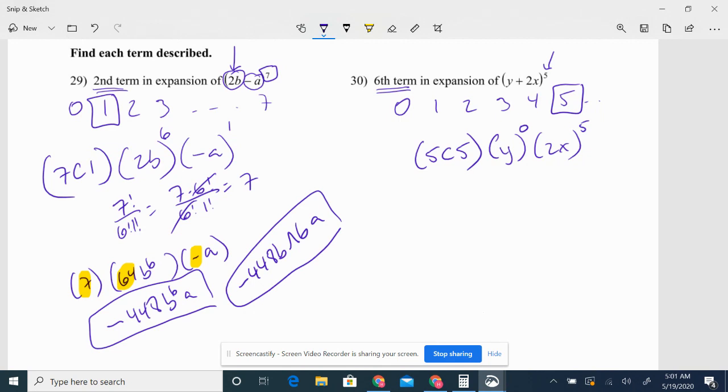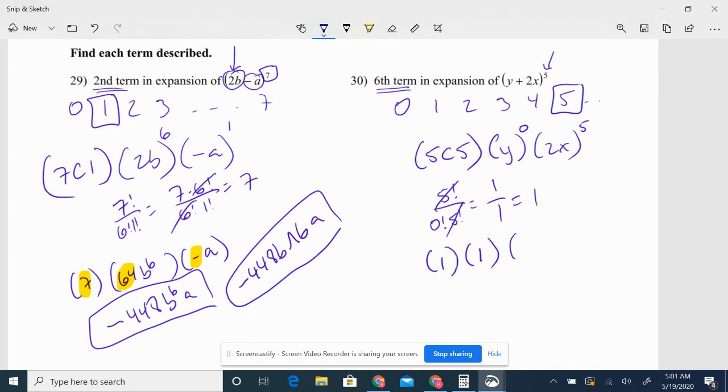Okay, so 5 choose 5. Let's do that one first. 5 factorial over 0 factorial times 5 factorial. These 5 factorials cancel out, so I have 1 over 1. 0 factorial is 1, so I have 1 over 1, which is just 1. So easy. The first parenthesis was 1. Y to the 0. Isn't anything to the 0 just 1? We have no more y, just 1.